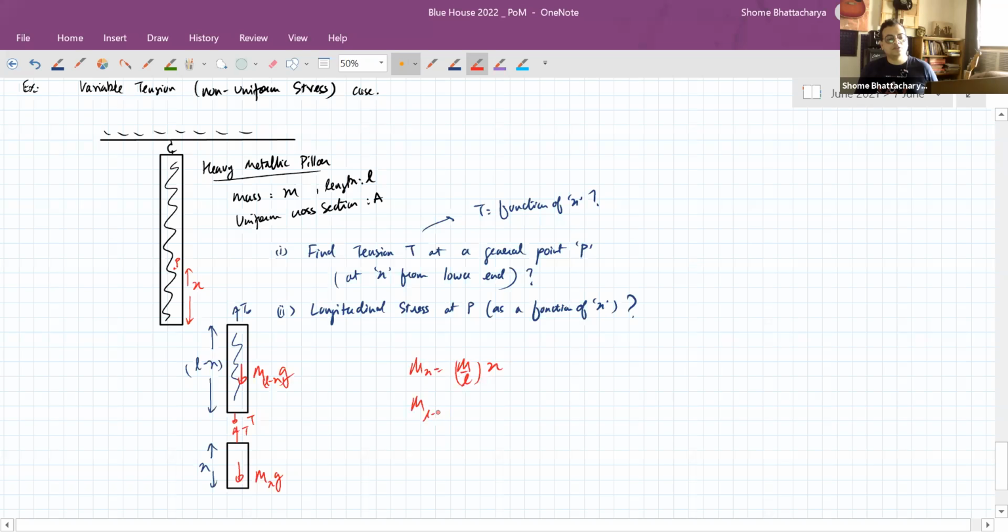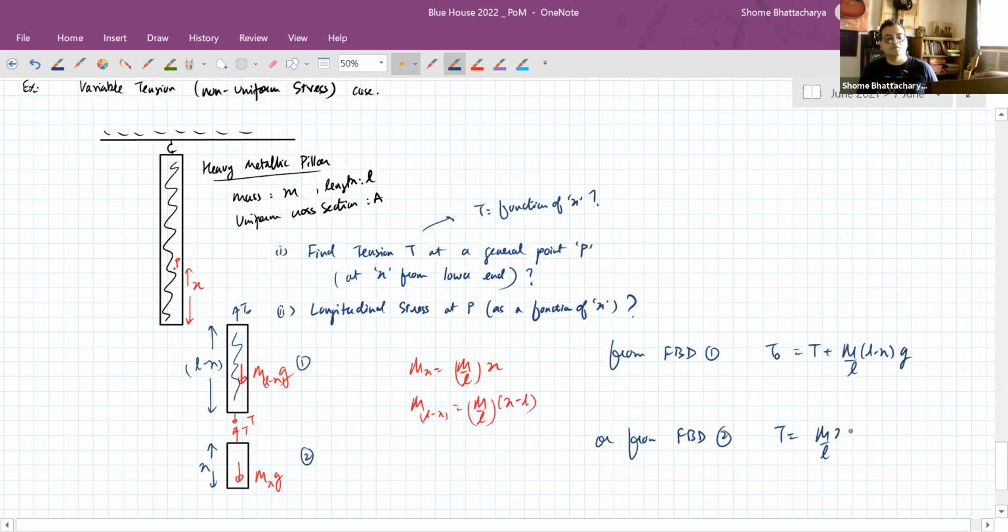So the mass of the upper part is the same mass per unit length, but into x minus L. So you can see that from the first FBD, we can see that T naught will balance T plus, or from the second FBD, see T will balance with this. So this becomes your answer.